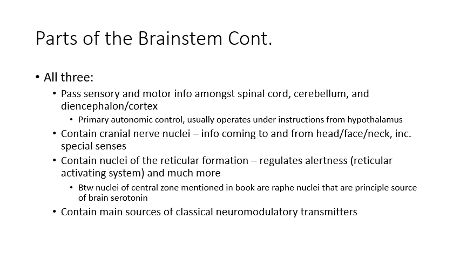You also have the cranial nerve nuclei. Most of the cranial nerves exit from the brainstem. Those are nerves that go to your face, your head, and your neck, with the exception of the vagus nerve, which goes down into the abdominal cavity as well.